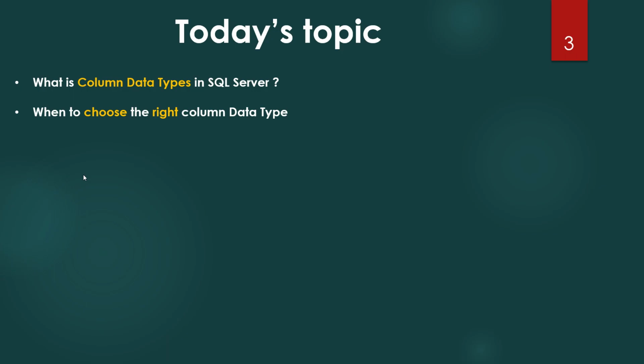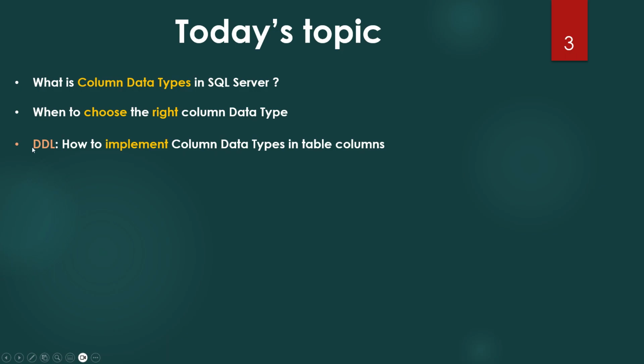Because we will be learning the different types of data types that we can use, and after we understand these data types, we will be able to easily pick the right data types for the columns when we create a table. And then how to implement it with DDL, data definition language.